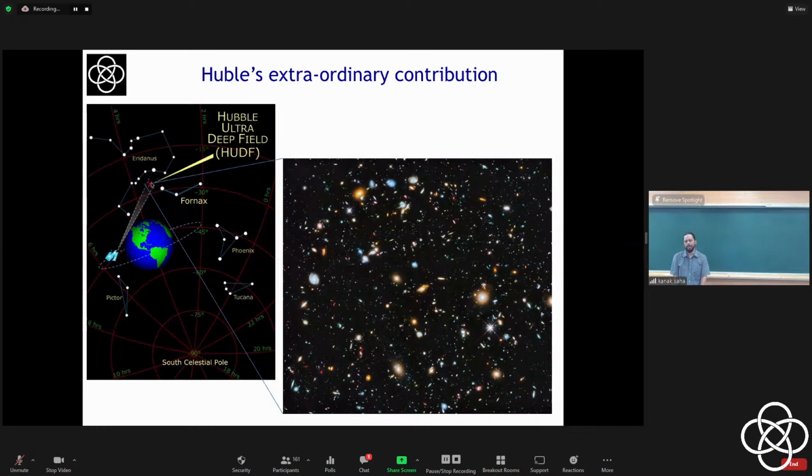It's almost like a pencil beam going into a very small patch of the sky for a deep observation, many tens of orbits of Hubble, and those images are co-added, giving very deep images. Deep in the sense that you can see fainter and fainter objects, and fainter objects may be farther and farther away, and so this opened up our understanding of galaxies from the past.